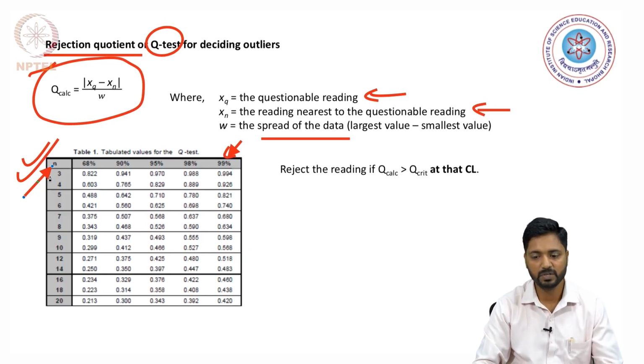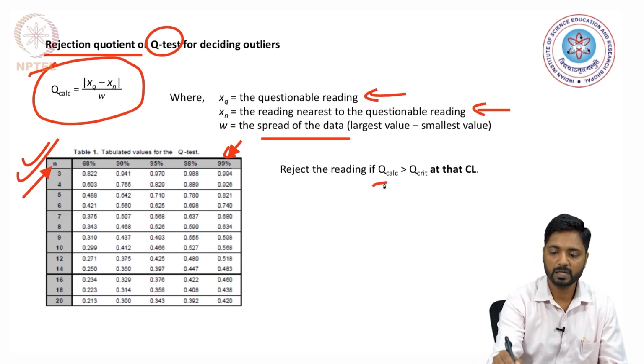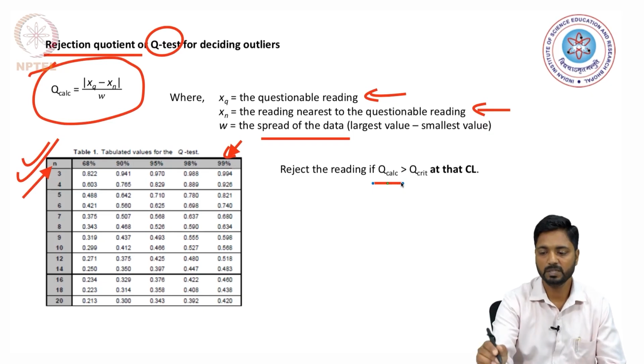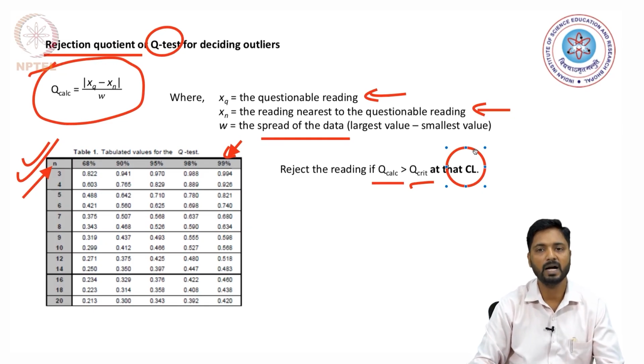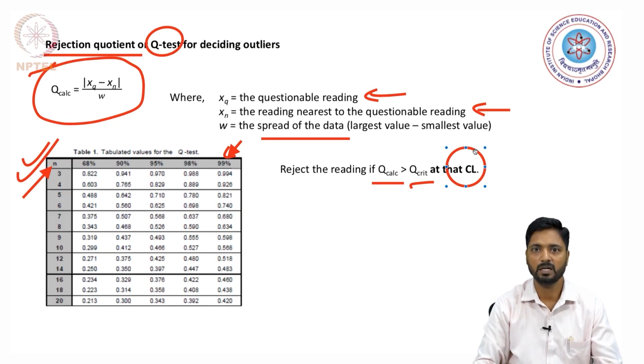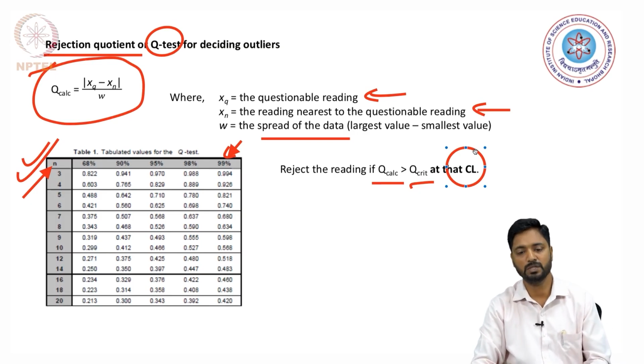And as previously, we compare the Q calculated with the Q critical at a certain confidence level, and either we reject the reading as an outlier, otherwise we do not.